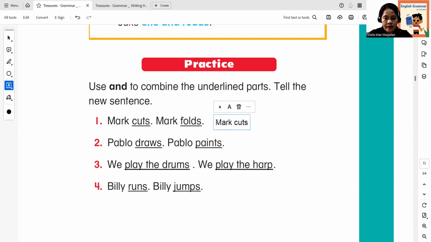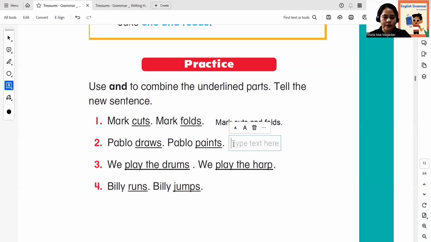What word do we use to connect with another word? Good, and. Mark cuts and folds. Very good. We have the same subject but different predicates, cuts and folds. Can you read it?